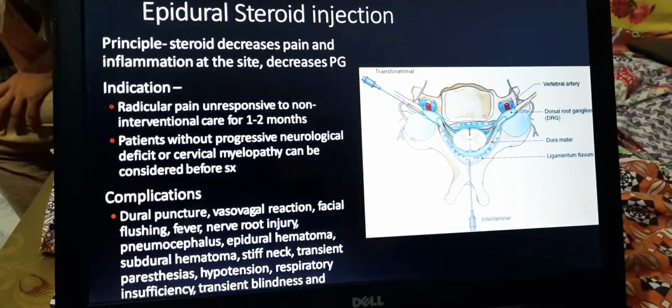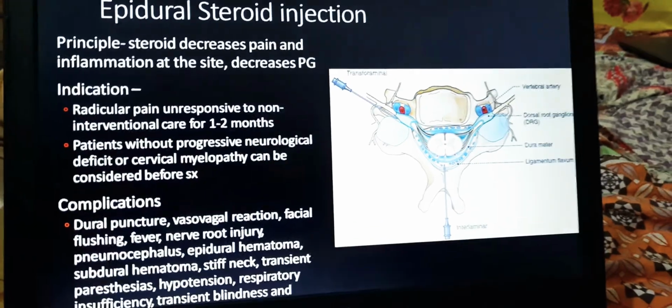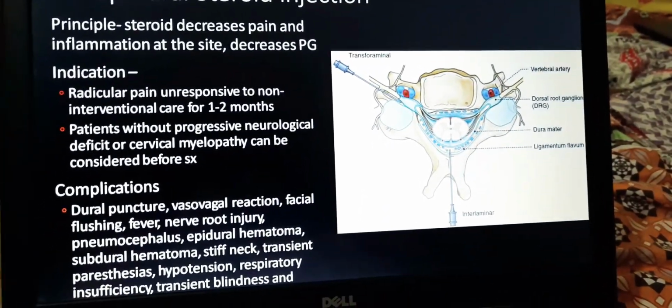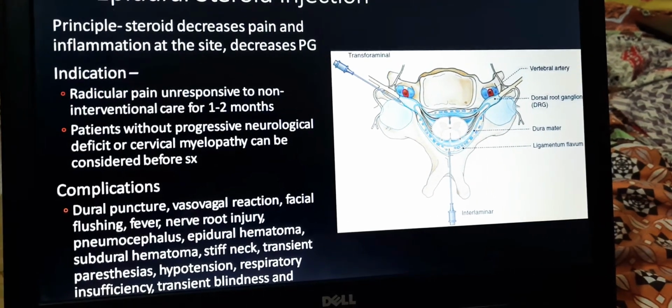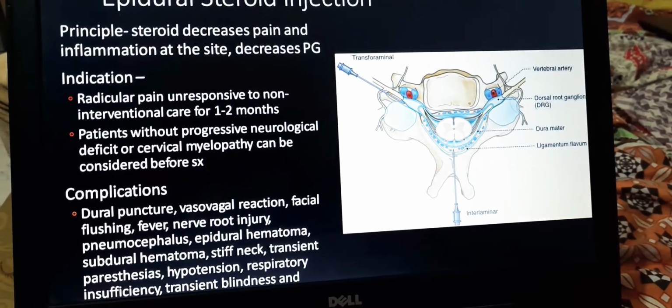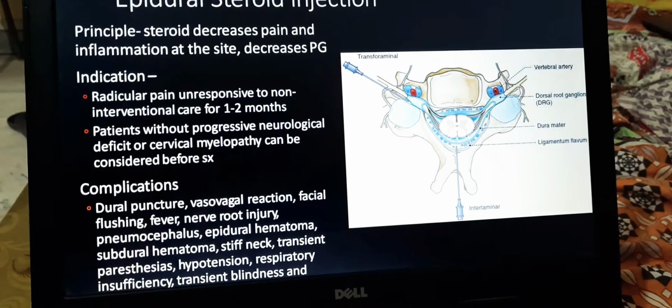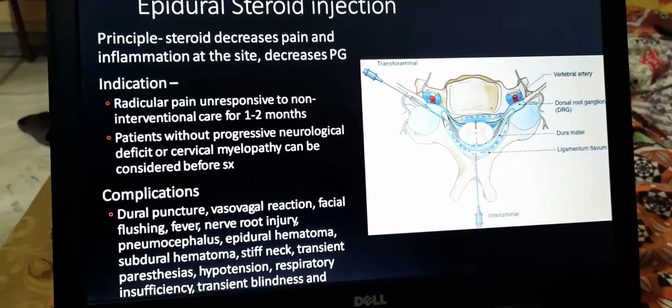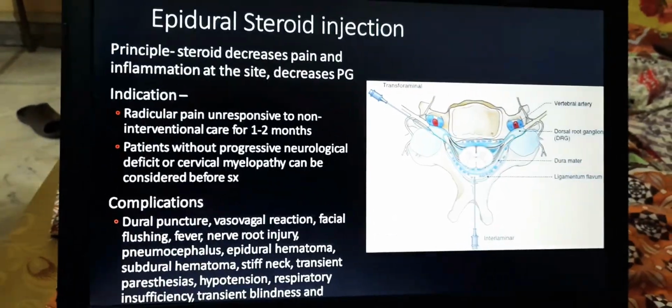Indication: radicular pain unresponsive to non-operative care for 1 to 2 months. Patients without progressive neurological deficit or cervical myelopathy can be considered before surgery. There are a lot of complications regarding that: dural puncture, vasovagal reaction, facial flushing, fever, etc.